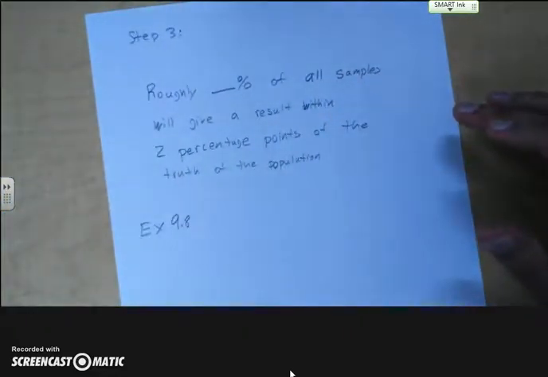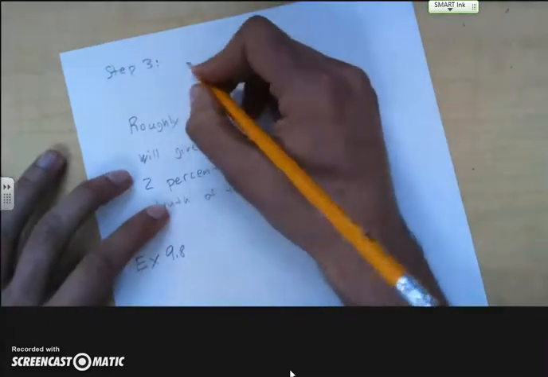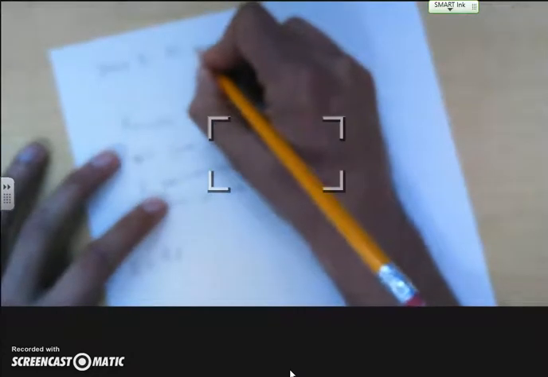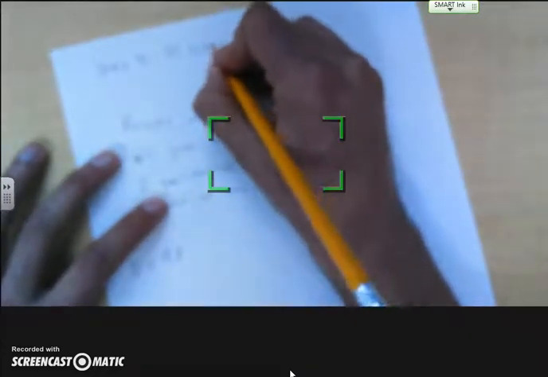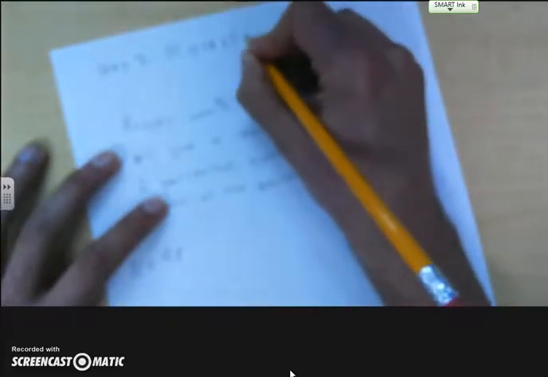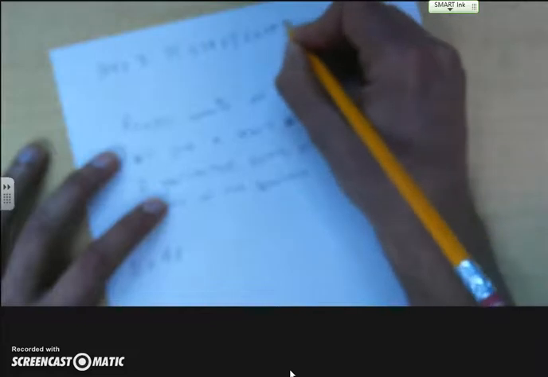And then on to step 3. For step 3, we're actually going to want to calculate the probability at this point. So I want to find the probability that my z-score falls between these two numbers.